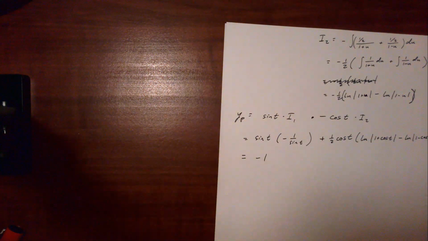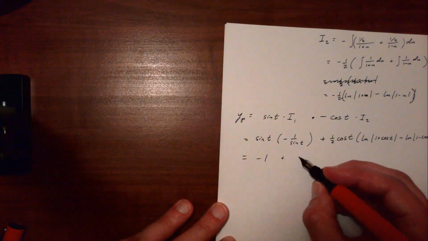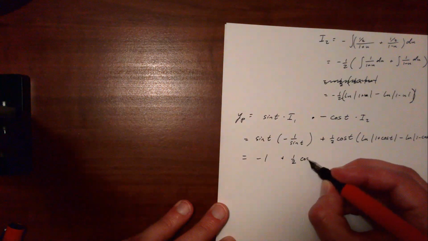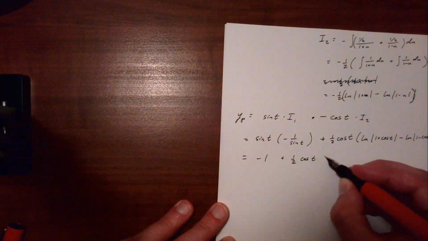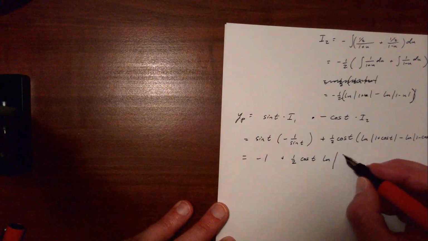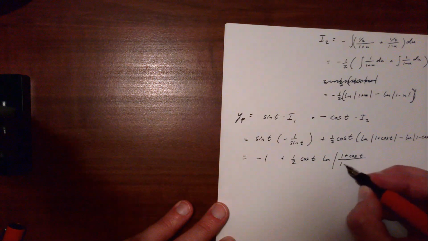As for this second one, what we can do here is use the properties of the logarithm to rewrite this as 1/2 cosine t times the natural log of the absolute value of 1 plus cosine t over 1 minus cosine t.